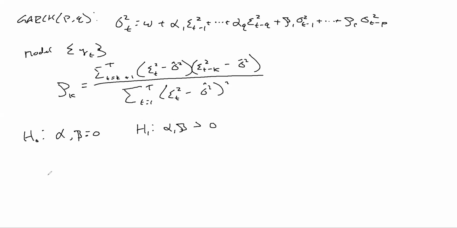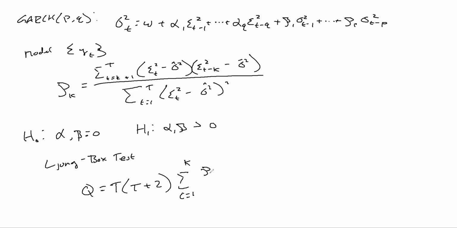Then in order to do the Box test, you're going to use a Q statistic. The Q statistic is going to be equal to capital T many observations multiplied by capital T plus 2, multiplied by the sum from i equals 1 to K many lags of the K many autocorrelations squared, divided by capital T minus i for that i lag.